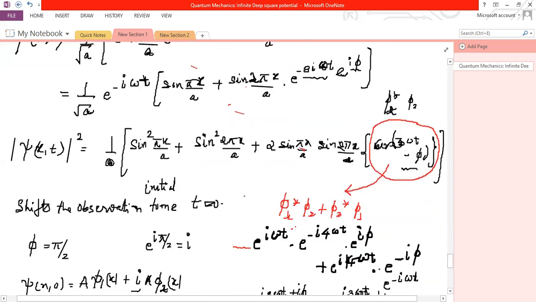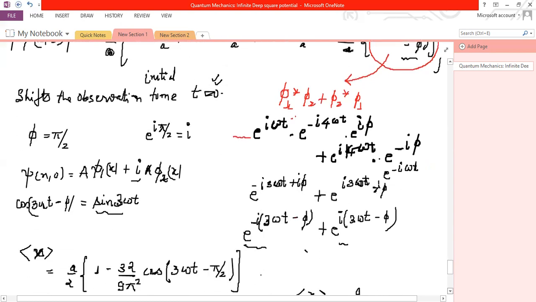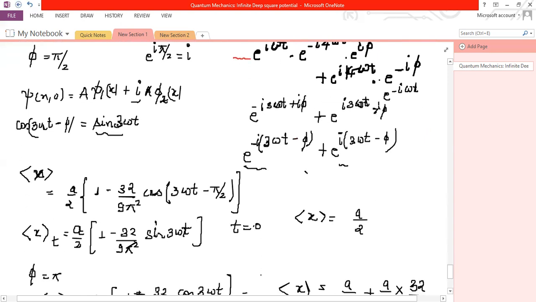And we actually found that it only shifts the initial time t equal to 0 measurement, that at initial time t equal to 0, |psi|² would start differently with different phi's.